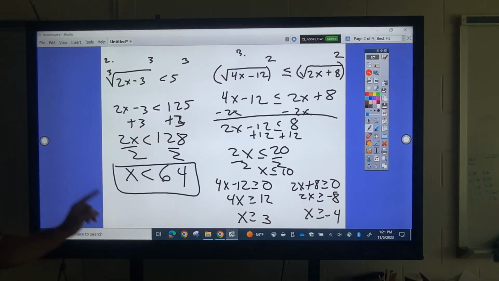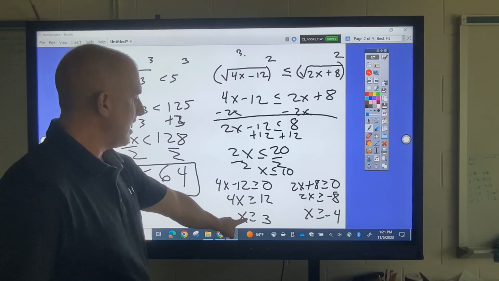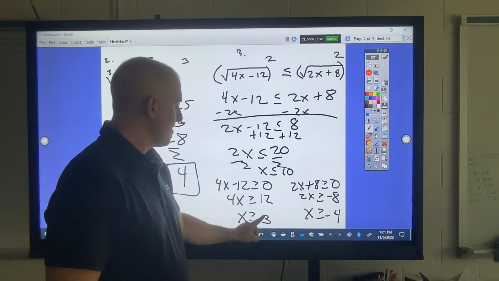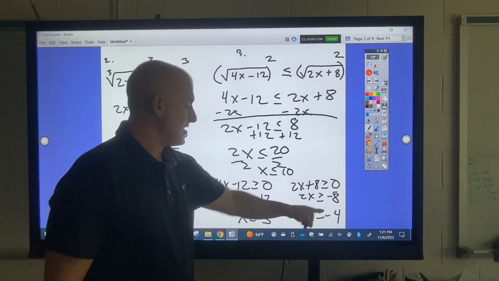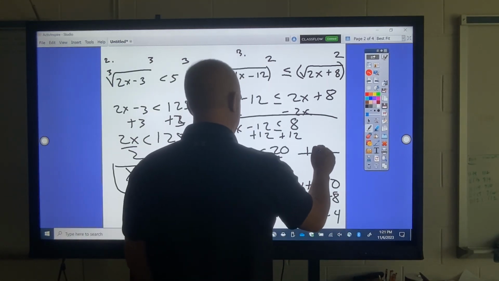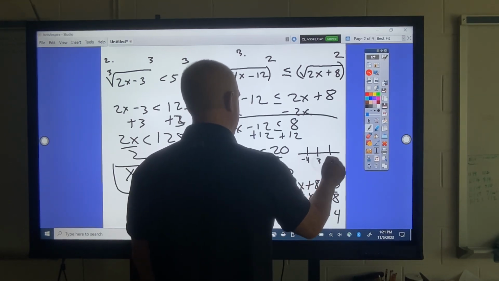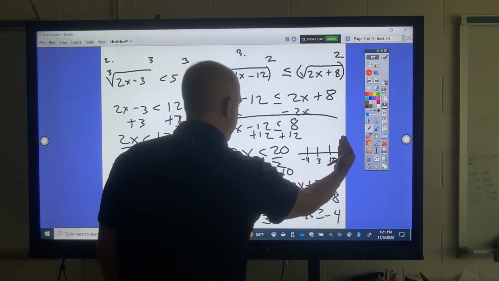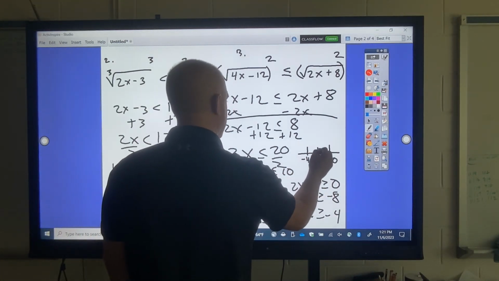Now if you look at a number line, it's got to be between 3 and 10. This -4 won't matter. Looking at the number line, with -4, 3, and 10, the idea is it can be less than 10, up to this point, but it also has to satisfy the other restriction.